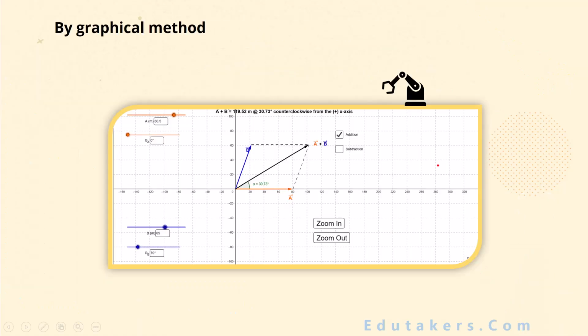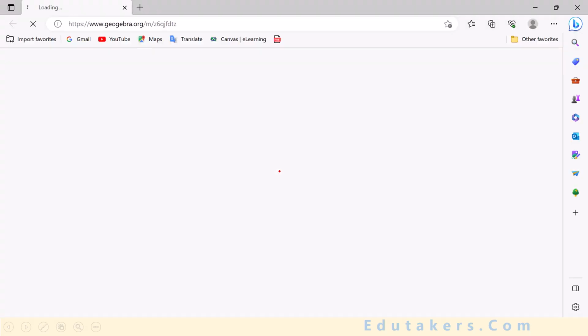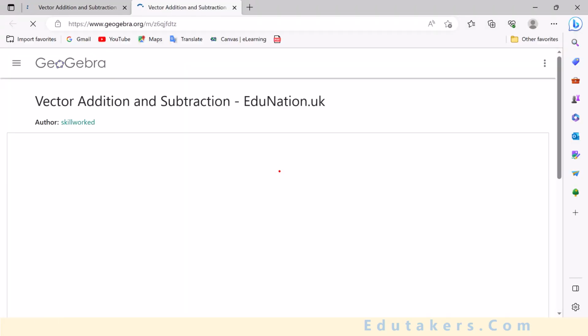So here is a vector addition simulation. Let's open this. This is also available in your account. You can practice from here.